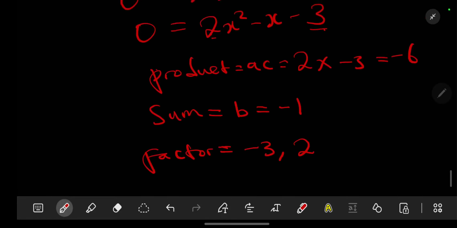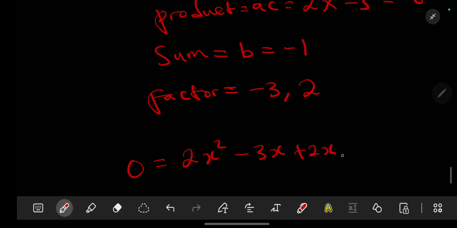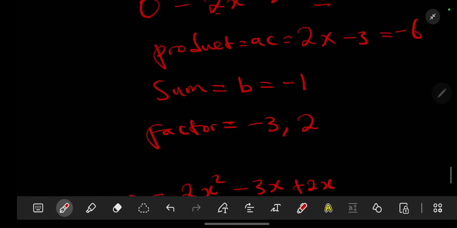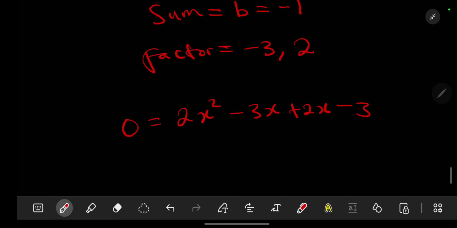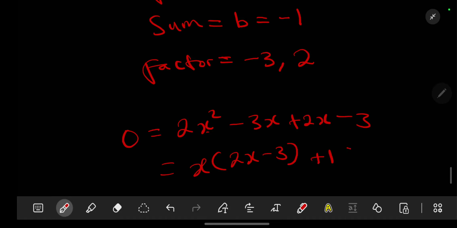So putting them there, we are going to have 0 should be equal to 2x squared minus 3x, then plus our 2x, then minus our 3. This gives us, x is common here, so we have x, open brackets, 2x minus 3 is what we remain with if we remove x, plus 1.